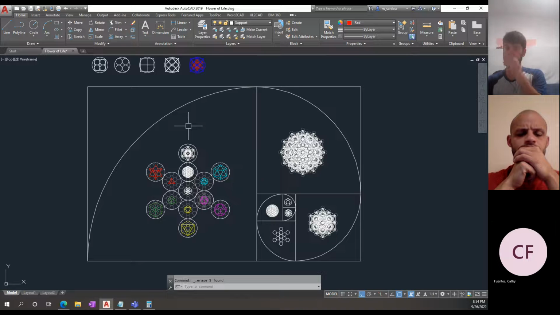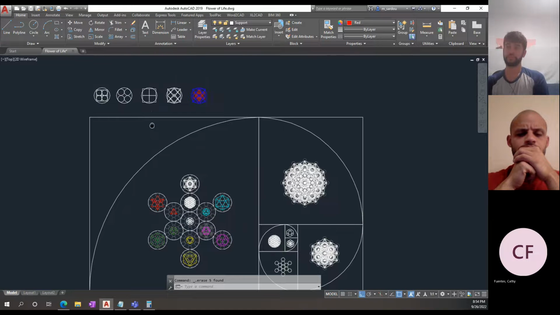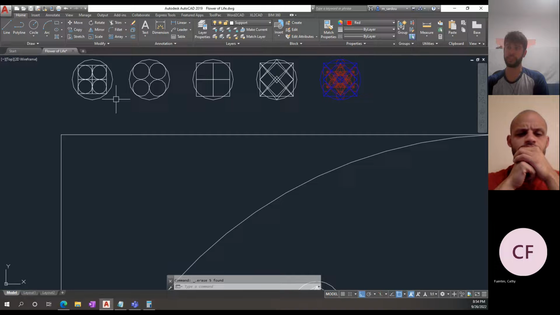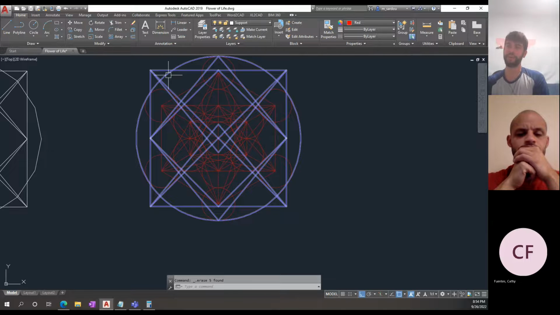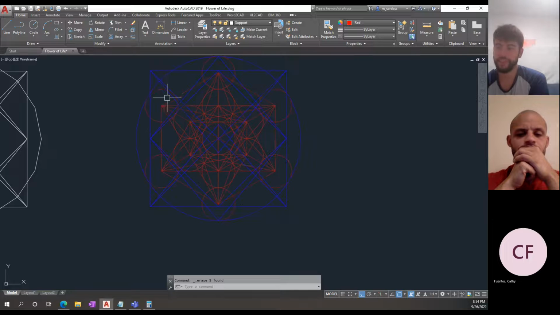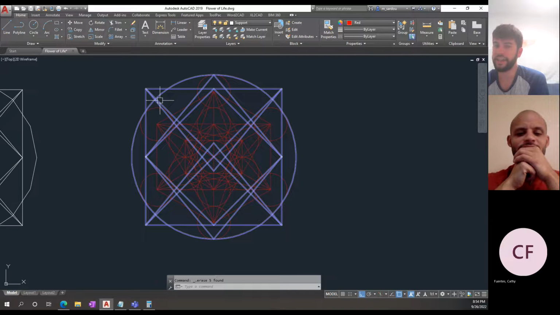And then the other part of this book or this chapter is the square and circle inside of Metatron's cube. I don't know if you guys tried to find that. I kind of figured out what he did, but I didn't understand why.